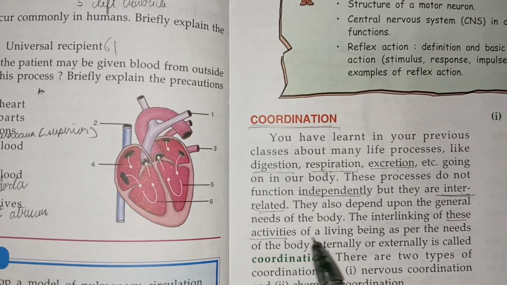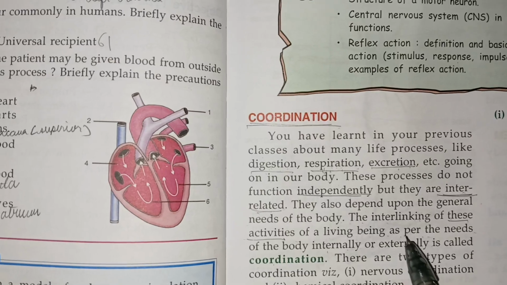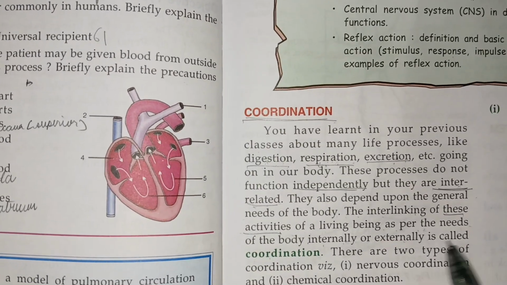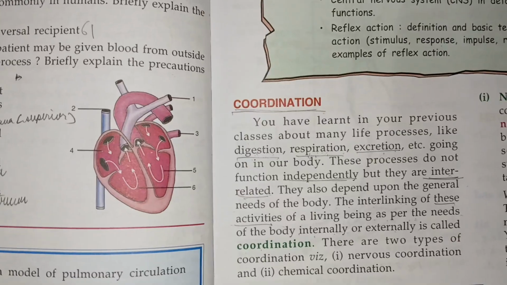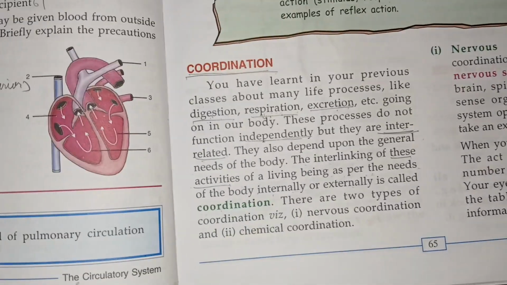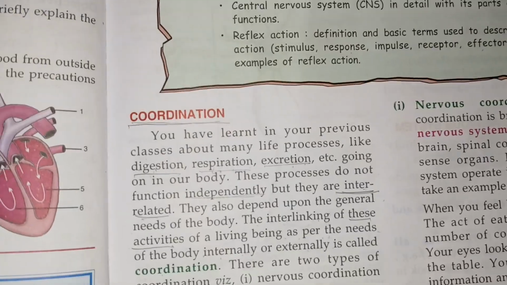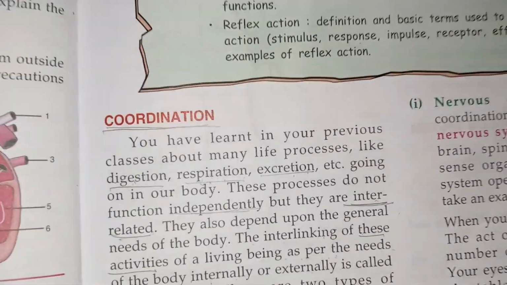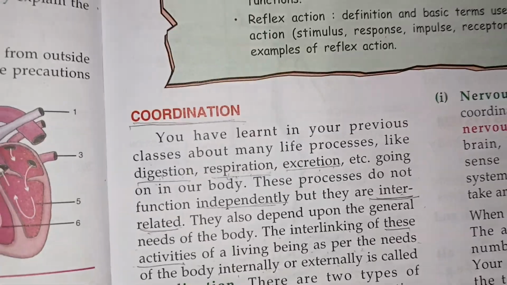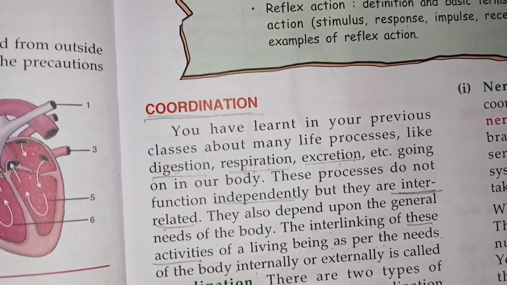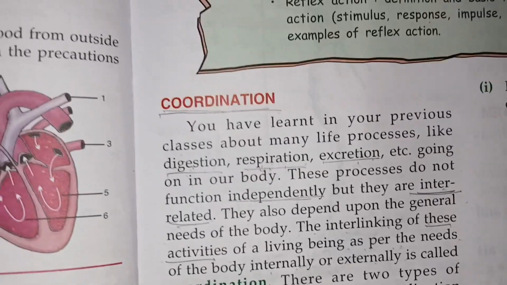Interlinking of life processes of a living being as per the needs of the body, internally or externally, is called coordination. We need something from outside sources. We need many more things within the body. So internally, externally, body obtains something through these life processes. So it is explained as coordination.